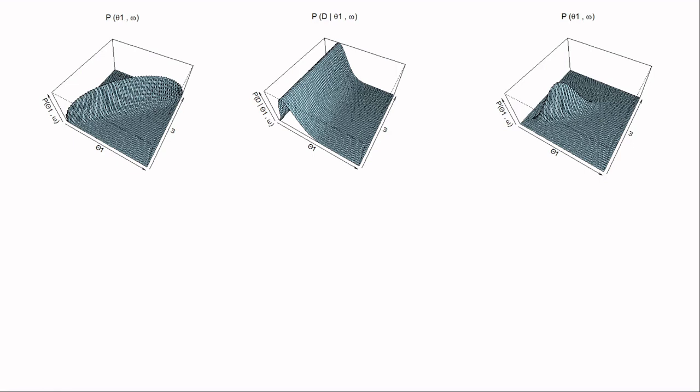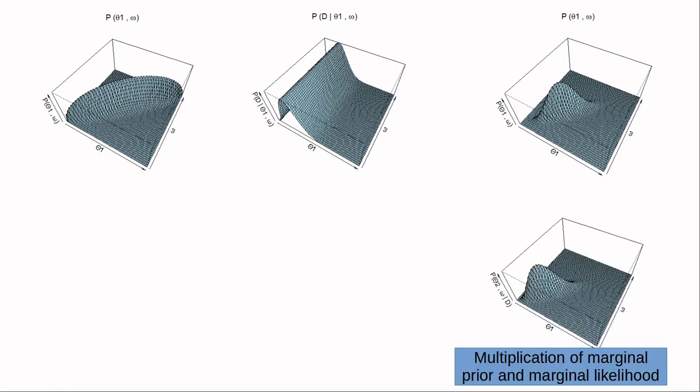Here is very quickly an illustration that this actually is not simply a multiplication of the prior and the likelihood, because if we were simply multiplying them, we would end up with a peak which is here. In the case of theta 1, they don't look super different.